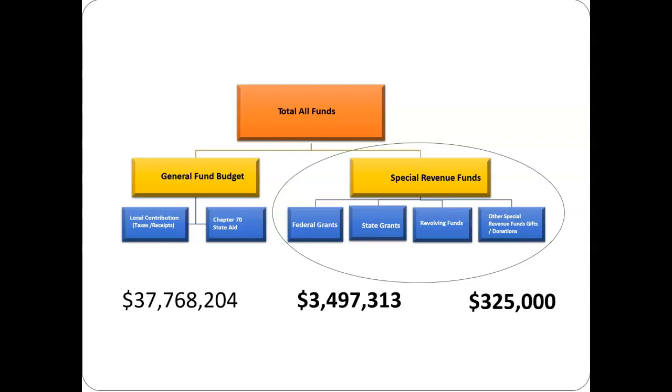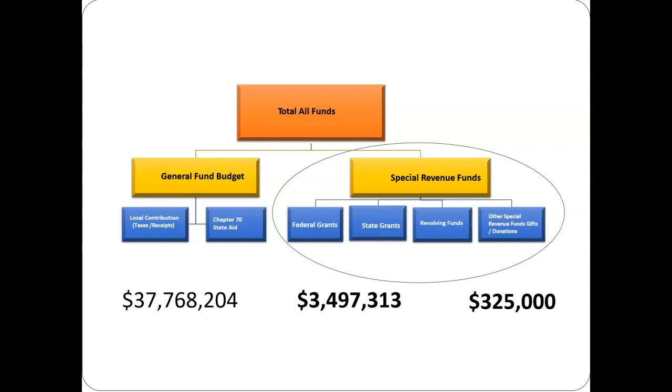So usually there's a lot more funding that goes into providing the educational experience for the students, including grants, revolving funds, donation funds, etc. And I'm hoping after today's presentation, everyone will have a little bit better understanding of what goes into a school budget.